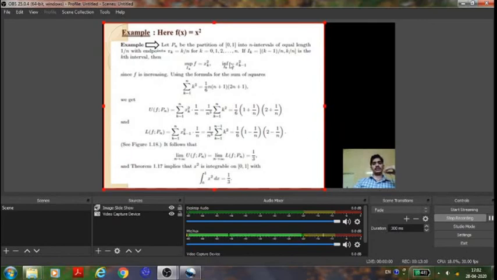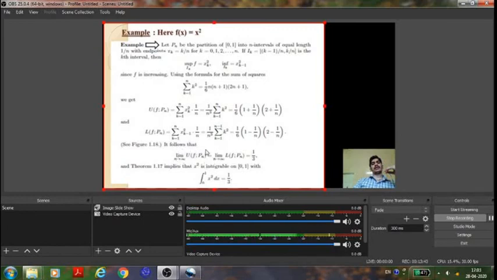So this is the example: say f of x equal to x square. How do we solve it? First of all, you have to find the partition of the given interval. Then you find the supremum and infimum in the given subintervals, then find the upper and lower Riemann sums, and then take the limit as n tends to infinity.